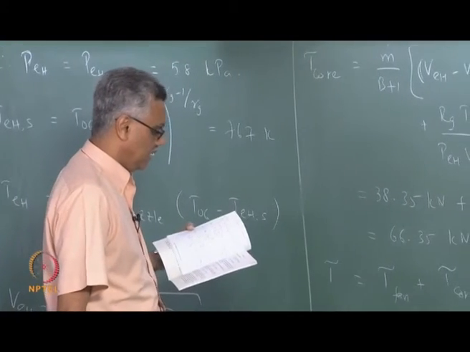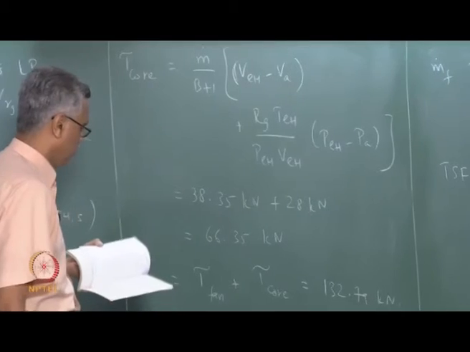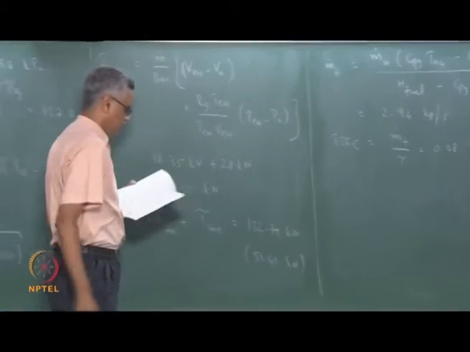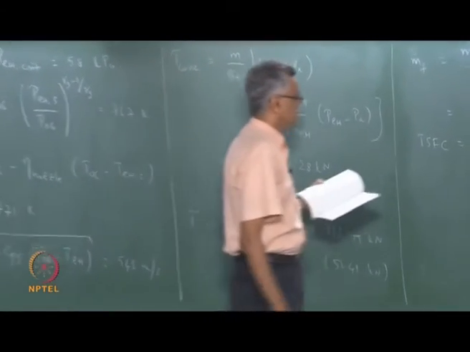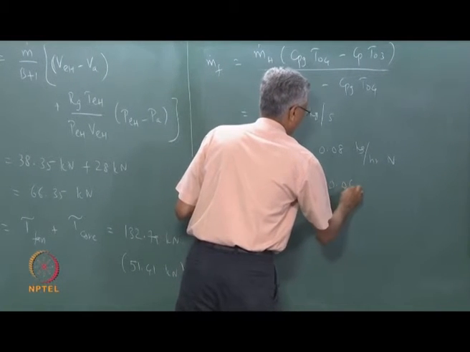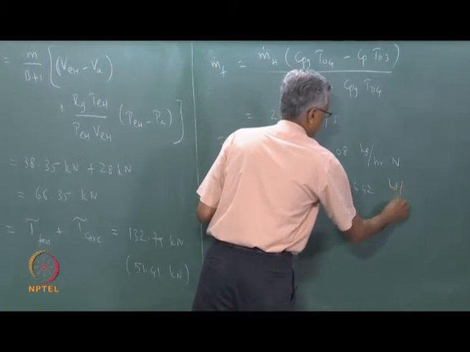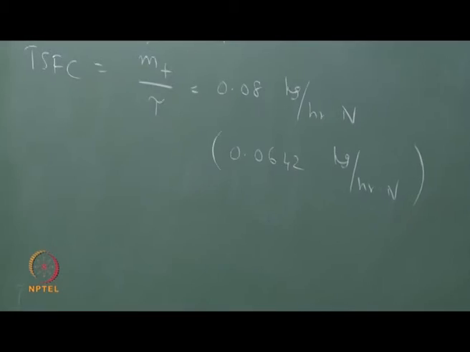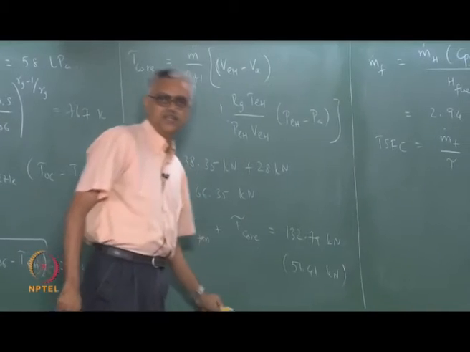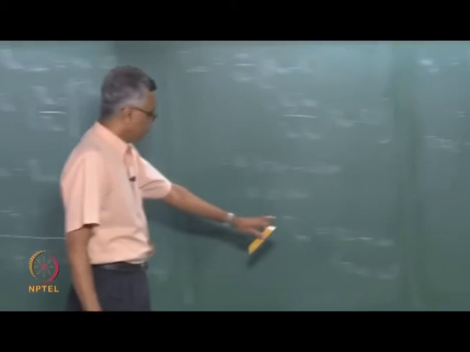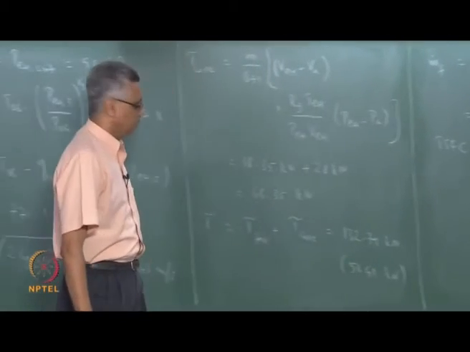Now, the quoted value by the manufacturer for cruise thrust at this altitude is about 51.41 kilonewtons, and the TSFC that the manufacturer quotes is about 0.0642 kg per hour Newton. So, it appears that this is not light at the end of the tunnel, but the headlight of an oncoming train. So, we need to do something to make this compare better.